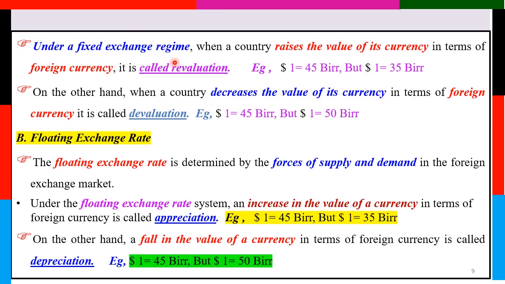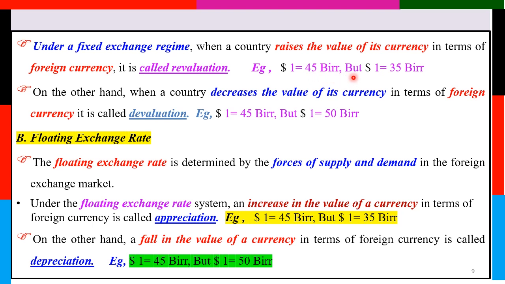Under a fixed exchange regime, when the country raises the value of its currency in terms of the foreign currency, it is called revaluation. Raising the country's currency in terms of the foreign currency is known as what? Revaluation. Let's say nowadays $1 US is converted into 45 Ethiopian birr.